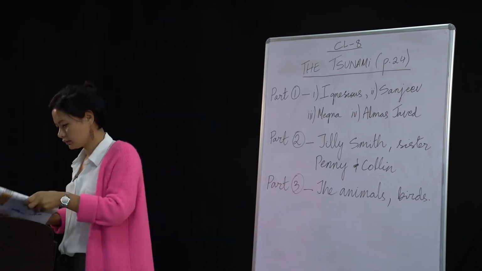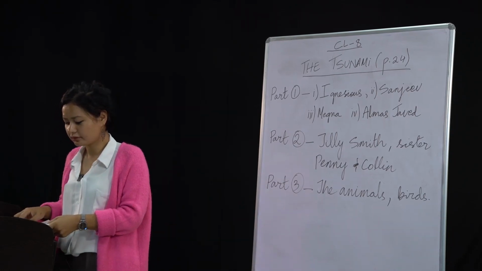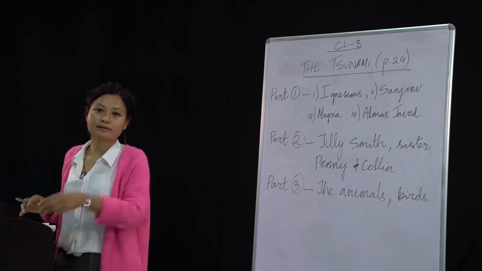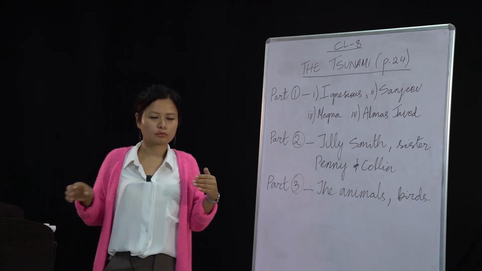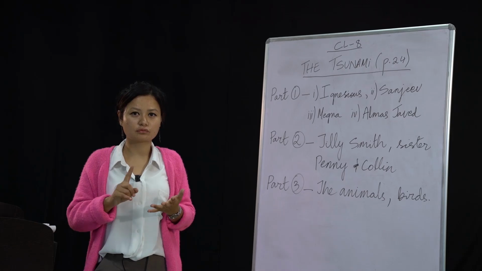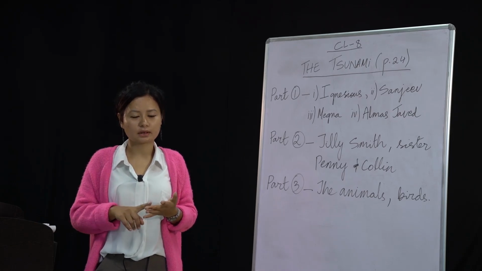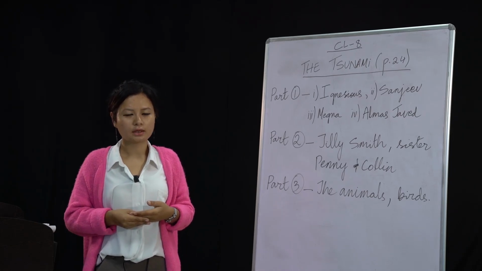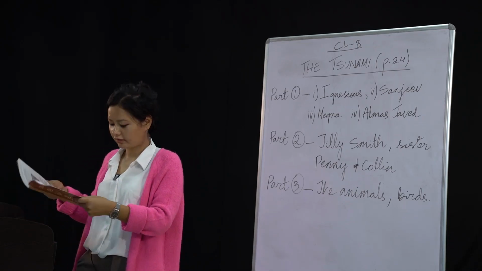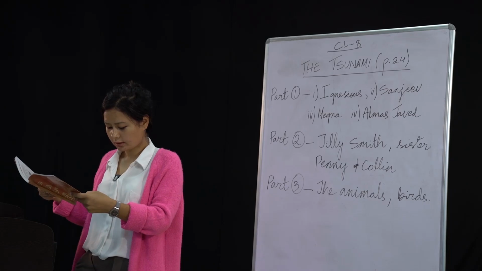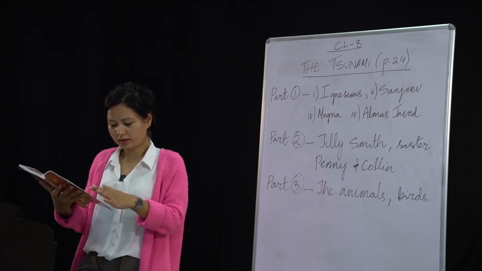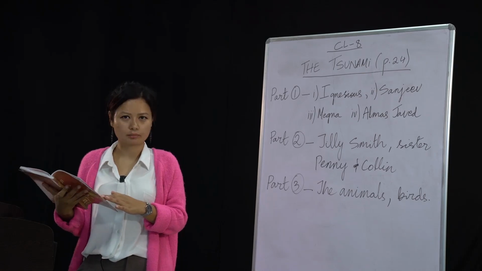So on 26 December 2004, a large tsunami happened on the southeastern part of Asia. Many countries were affected, even India was affected, and countries like Thailand, Japan, and others were affected. Students, in your textbook on page number 24, there is a map of the Andaman and Nicobar Islands.